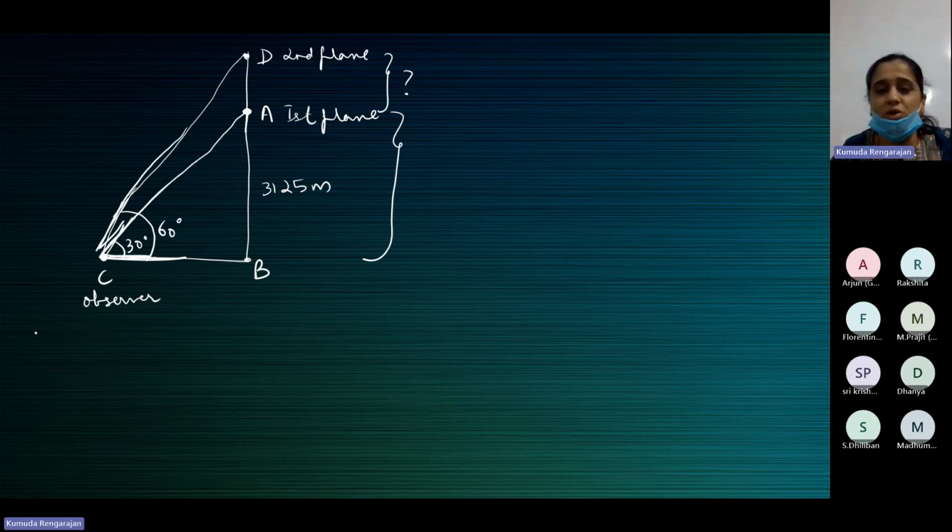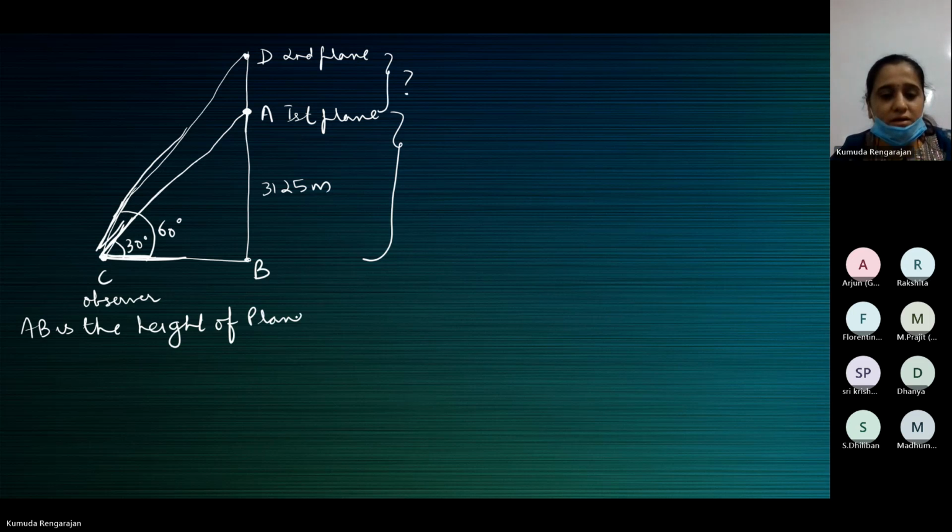So you need to explain your figure in short, okay? What is AB? AB is the height of plane A. Plane at the position A, but we'll say plane A, okay?